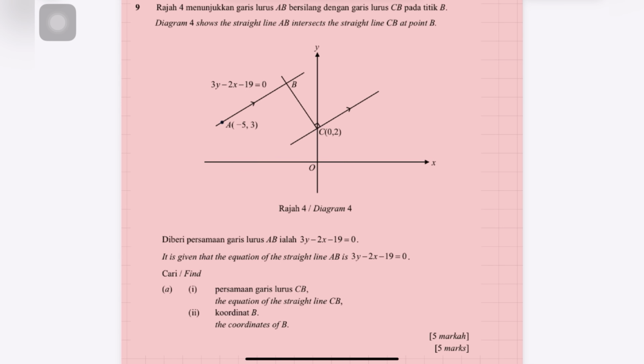Okay, so to find the equation of CB, y equals mx plus c, we have to find the gradient and the intercept first. Given that these two are parallel, meaning the same gradient, and this one is perpendicular. From the given equation we can identify the gradient.